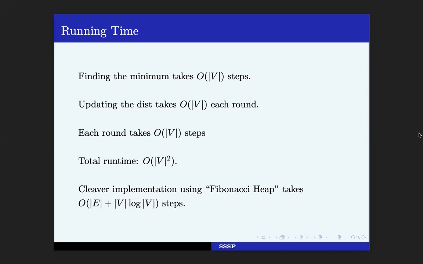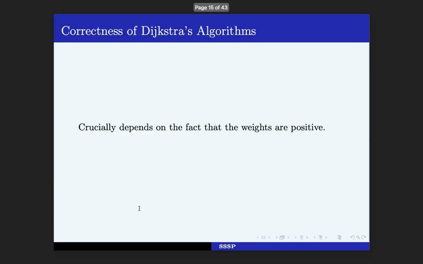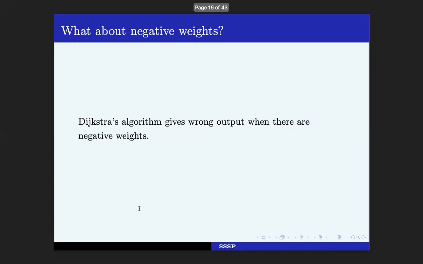I have not gone over this whole thing, but there is a very nice way of storing some information so that you can even reduce the run time from V squared to something like order E plus V log V. This is a pretty nice algorithm, no doubt. But crucially, this algorithm's correctness depends on the fact that all the weights are positive. If the weights are not positive, then this algorithm does not give you the correct answer.